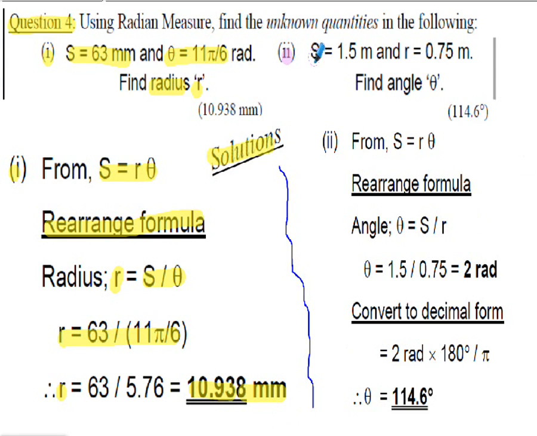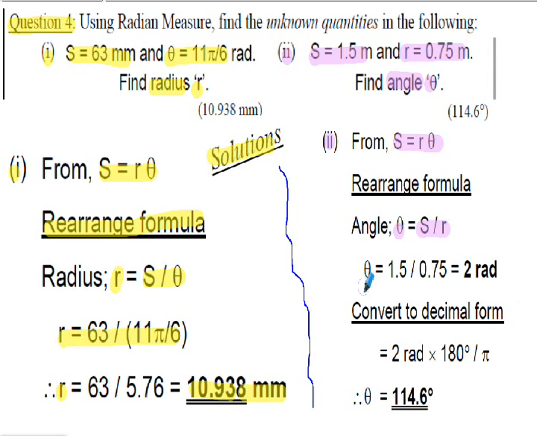In part 2, we're given arc length S is equal to 1.5 meters, and the radius of our sector is 0.75 meters. We're asked to find the angle theta in this case. So in part 2, using S equals r theta, we rearrange to find the angle theta, so divide both sides by r. So theta is S divided by r.